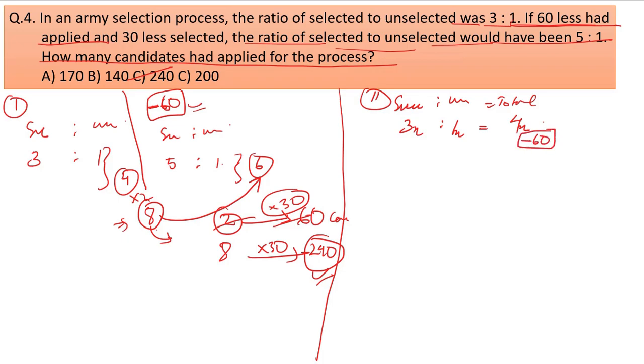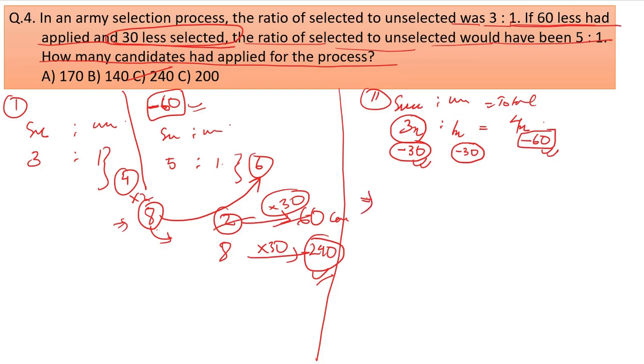Also it says 30 less are selected, so on the selected side we subtract 30. The remaining should be 30, because 30 plus 30 is 60, so the remaining 30 is decreased in the unselected category.